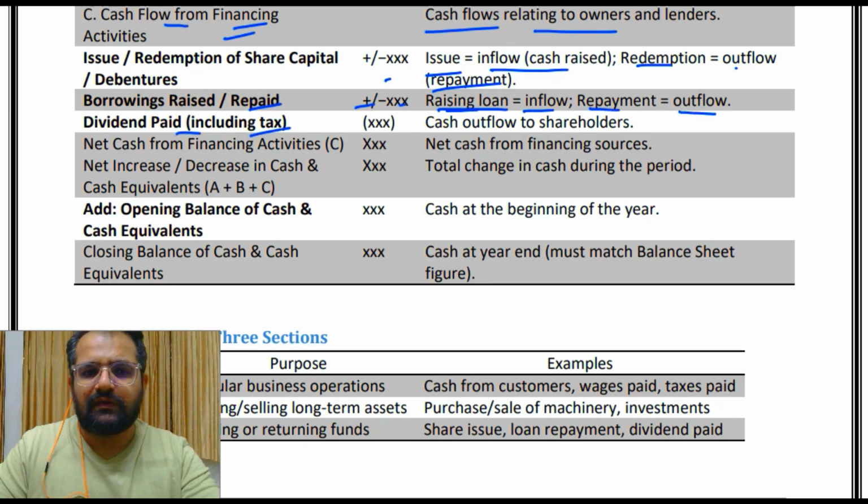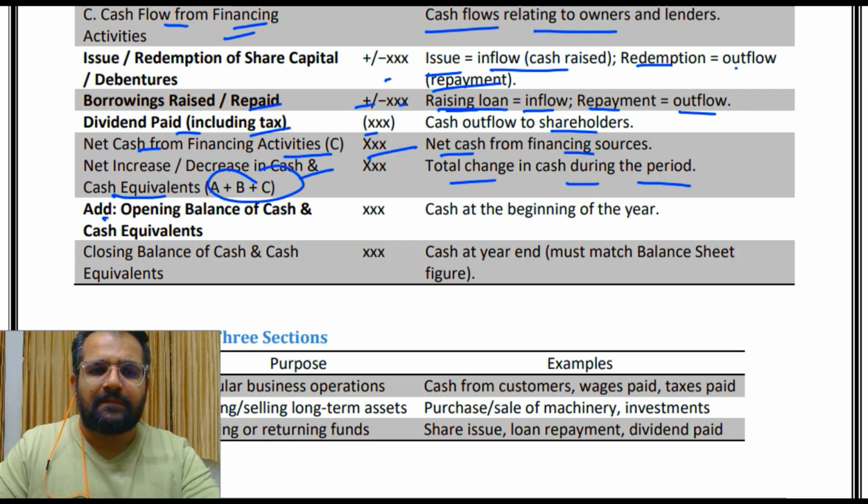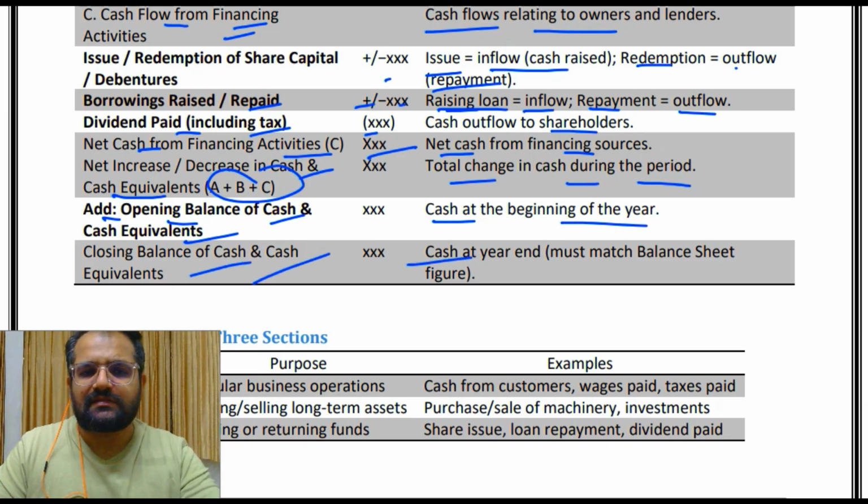Dividend paid including tax, some amount: cash outflow to shareholders. Then net cash from financing activities, net cash from financing sources. Net increase or decrease in cash and cash equivalents, A plus B plus C: total change in cash during the period. Add opening balance of cash and cash equivalents, so cash at the beginning of the year. Then closing balance of cash and cash equivalents, so cash at year end must match the balance sheet figure.